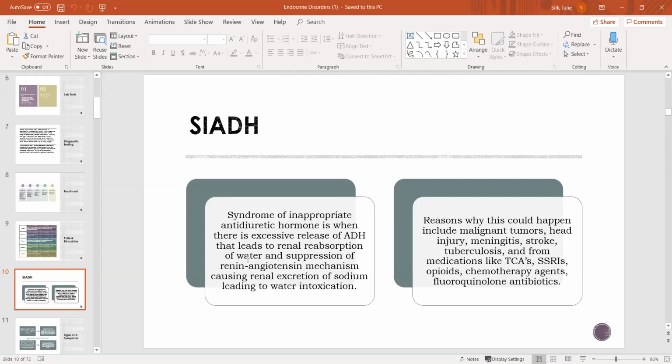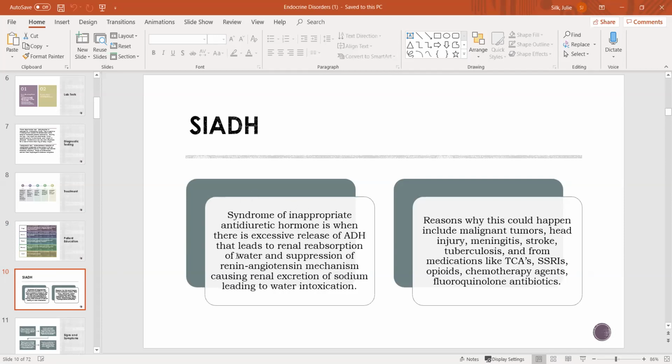Specifically for SIADH, some of the antidepressants like tricyclics and SSRIs can cause it. Chemotherapy agents, fluoroquinolone antibiotics, there's a few different things. So it could be something simple like that, which maybe you could fix.